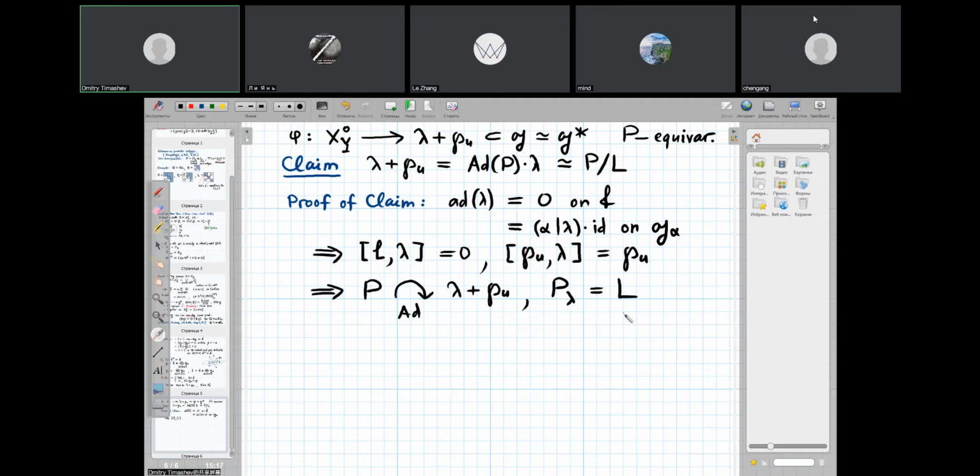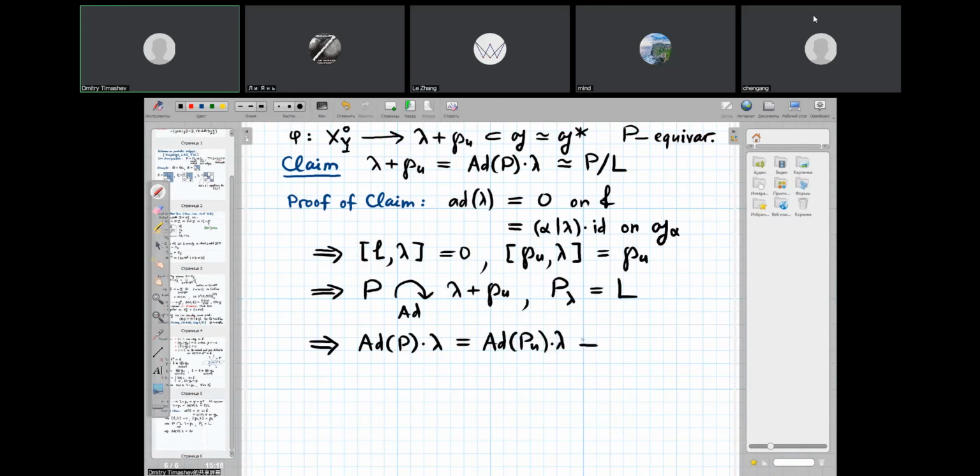So we have this, and this implies, in turn, that the adjoint orbit of lambda under P is the same as the adjoint orbit of lambda under Pu, because P is the product of Pu and L, and L stabilizes lambda.